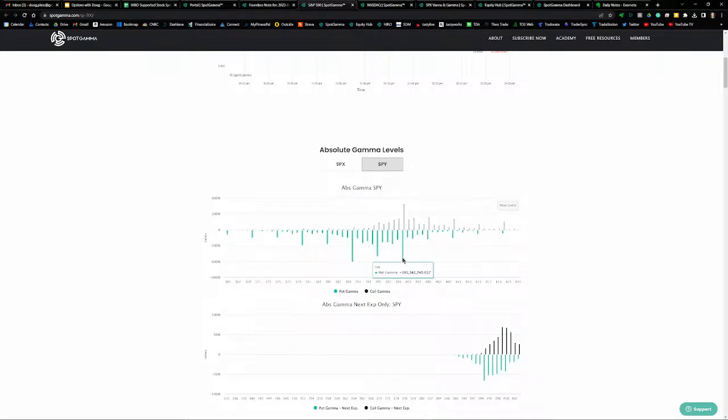SPY 400 is the key gamma strike, again the strike with the largest absolute gamma. 390 is the put wall. And then 420 is the call wall. And note here that there's still quite a bit of negative gamma, put gamma below the 400 level.